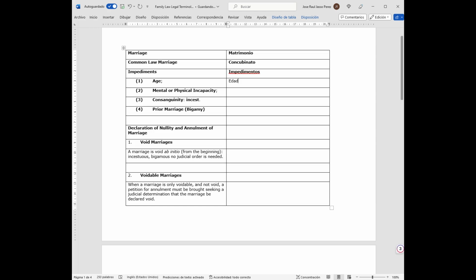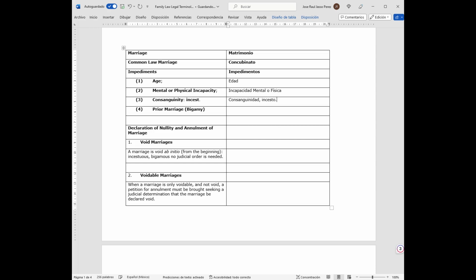Second, mental or physical incapacity. In Spanish, incapacidad mental o física. Third, consanguinity, or also called incest. Consanguinidad, or incest in Spanish, incesto.